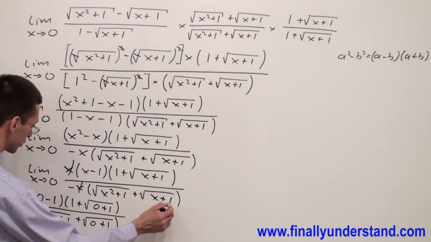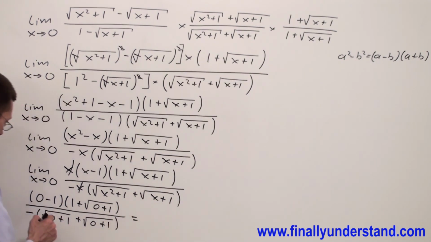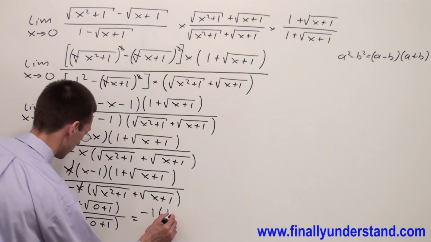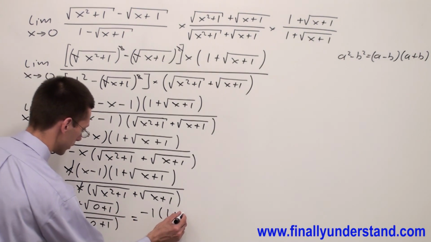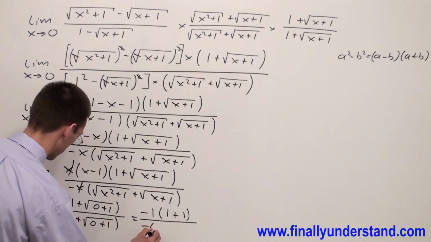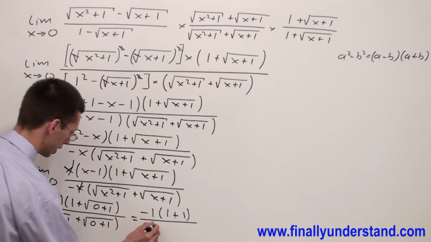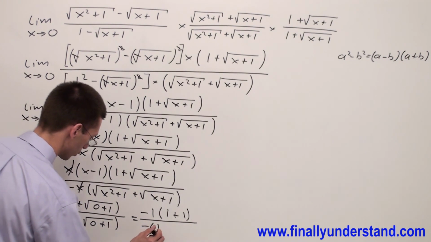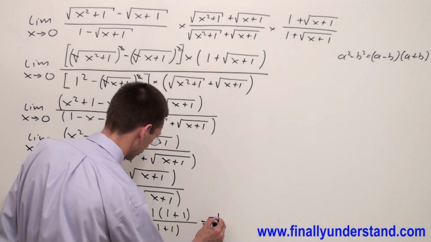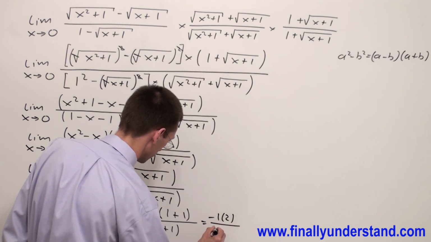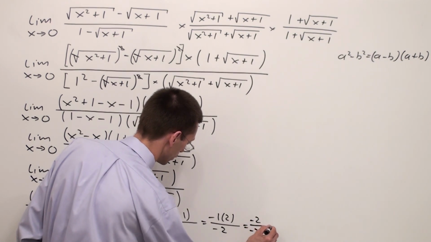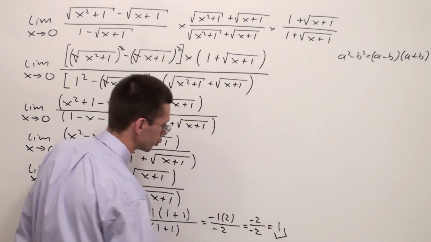And we will have negative 1 times 1 plus square root of 1 is 1, over negative, open parenthesis, square root of 1 is 1 plus square root of 1 is 1. And I'm going to have negative 1 times 2 over negative 2. Negative 2 divided by negative 2 is equal to 1. And this is the final solution to my problem.